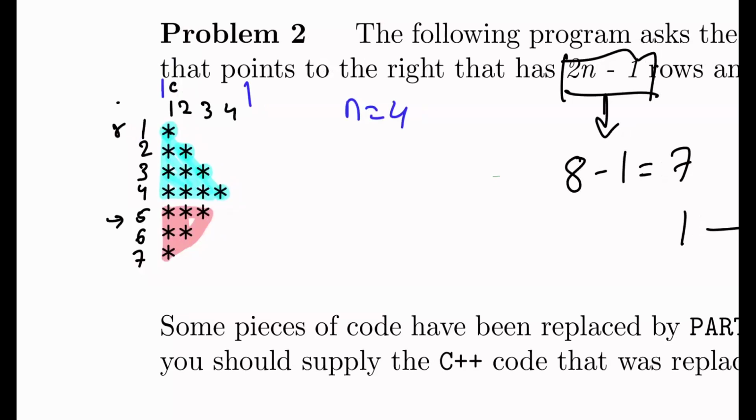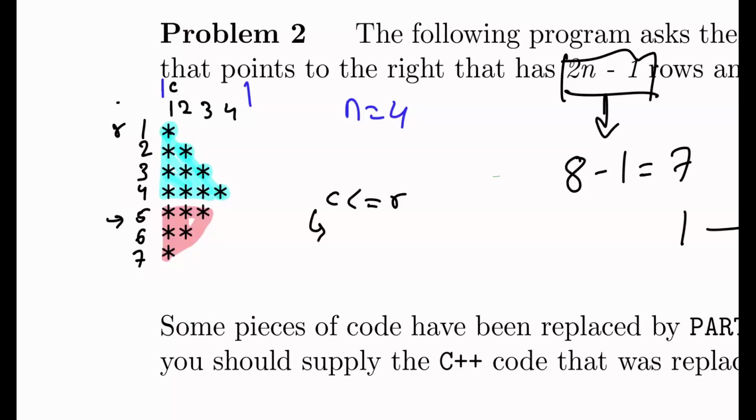Because if you only write that as long as the column is less than the row, it will not satisfy this problem. You need to get another condition to satisfy this problem.